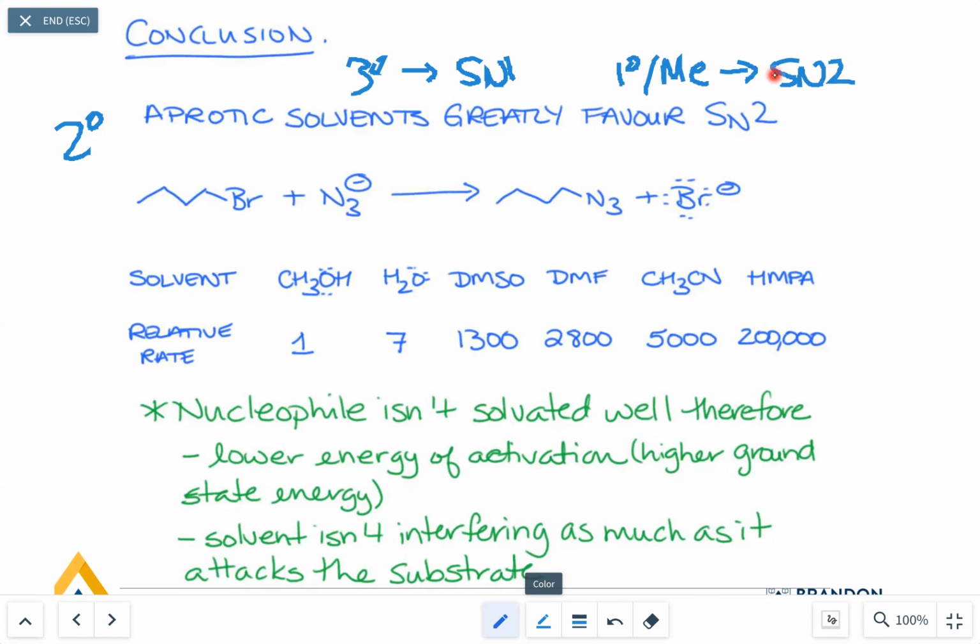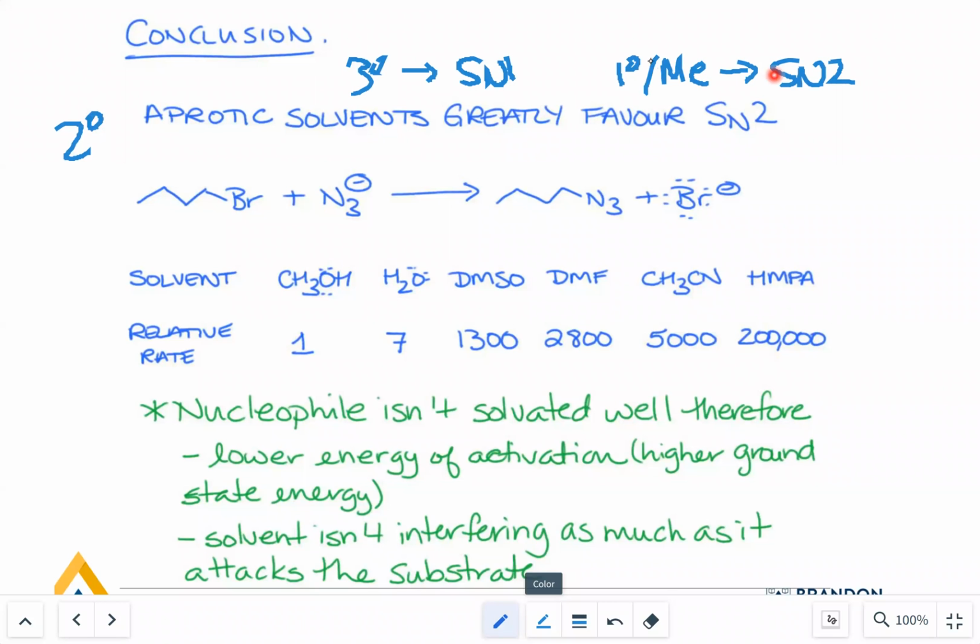And so if I want to do an SN1 reaction on a tertiary carbon, I'm going to use a polar solvent, because I would be dumb to use an apolar solvent because it's just going to take too long, right?